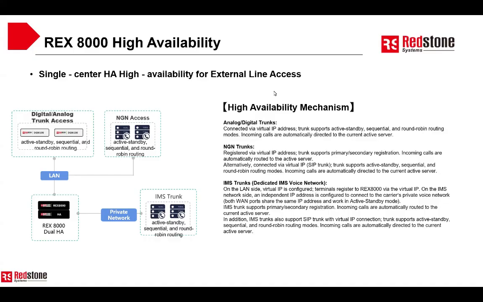As for the IMS private network access, as I have introduced, we utilize the dual network port configuration. In the setup, the analog trunks are typically used for inbound calls, and the system supports automatic routing and failover selection. So the single center has no problem and no issues.